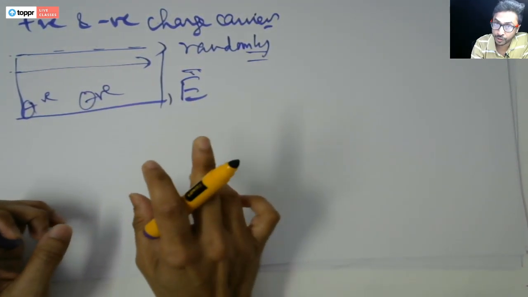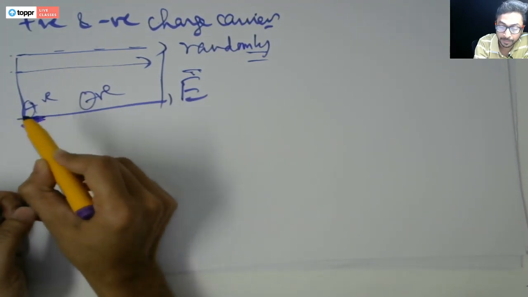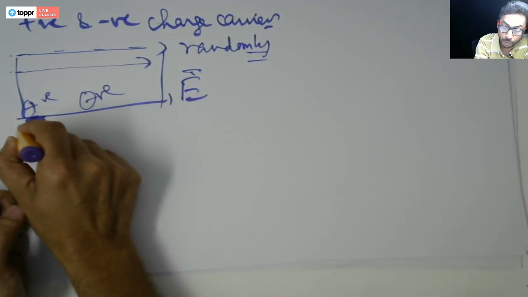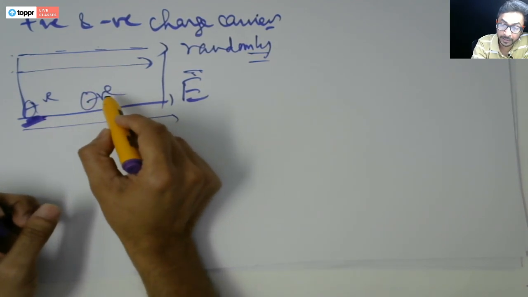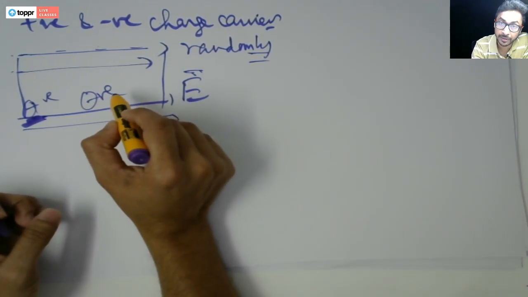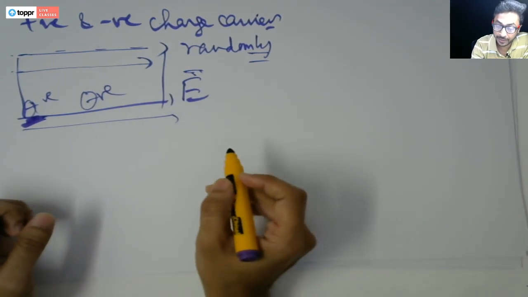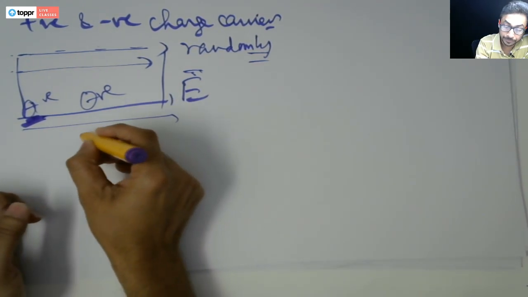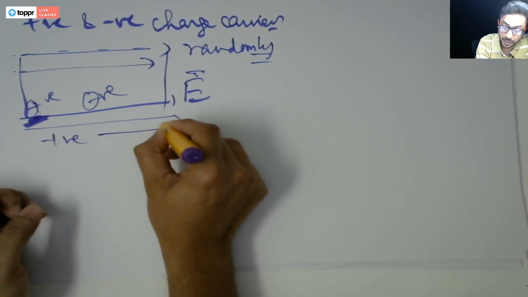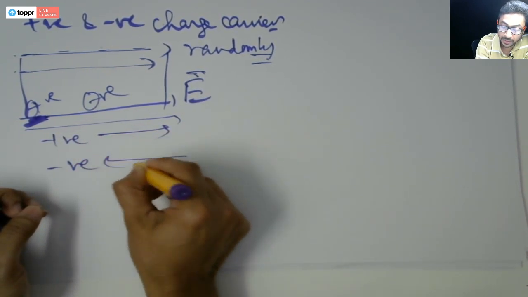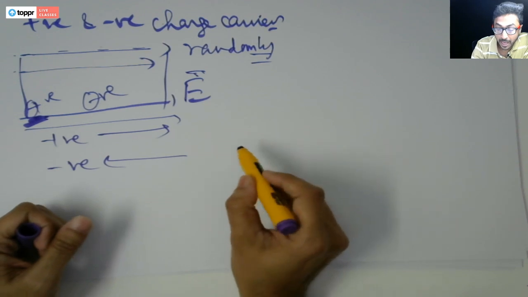pulled or pushed accordingly. If it is a positive charge carrier, it will go along the electric field, and if it is a negative charge carrier, it will go away from the electric field. Now what will happen? The positive and negative charges will go in two different directions.